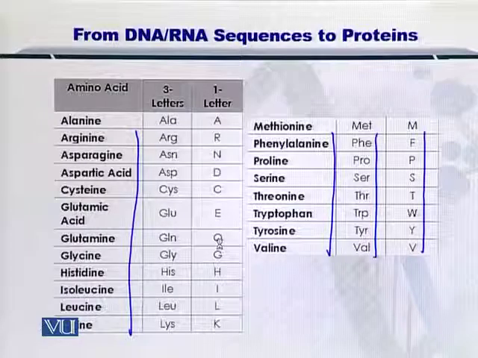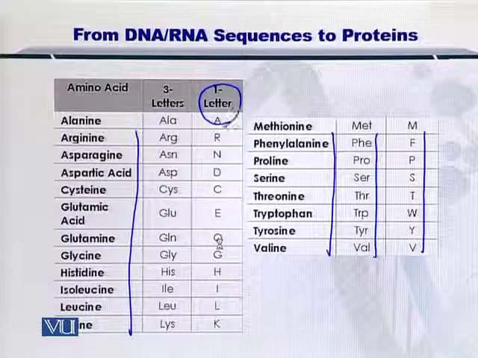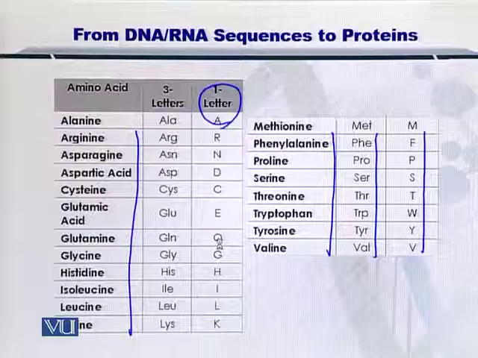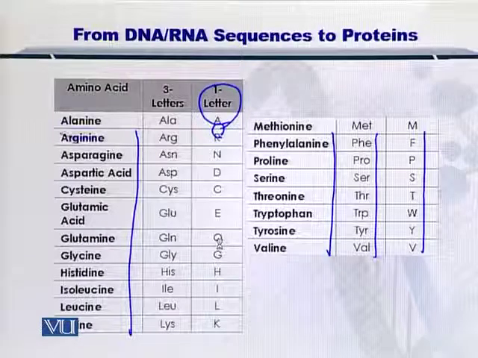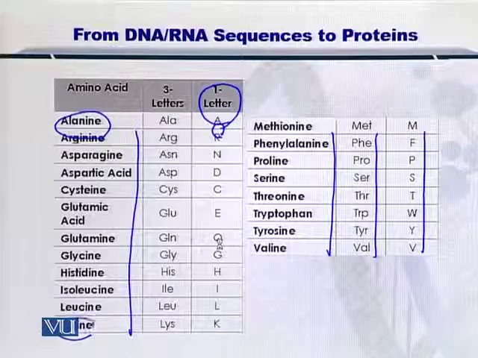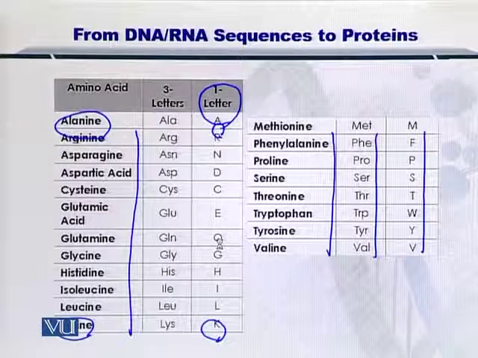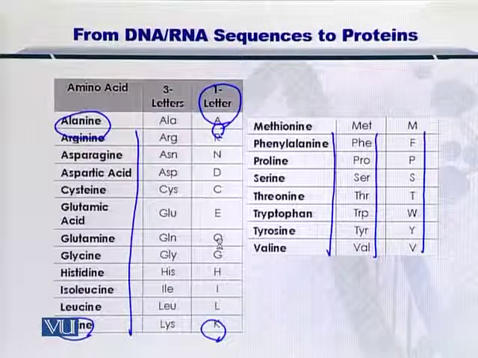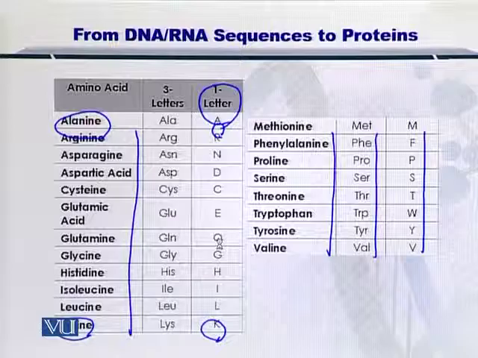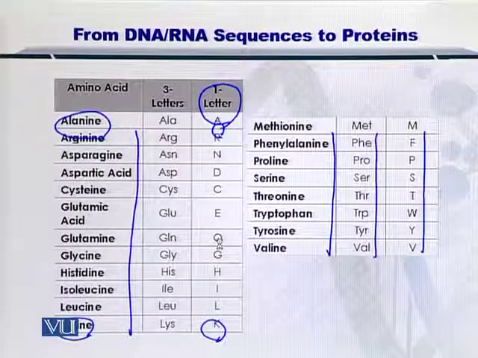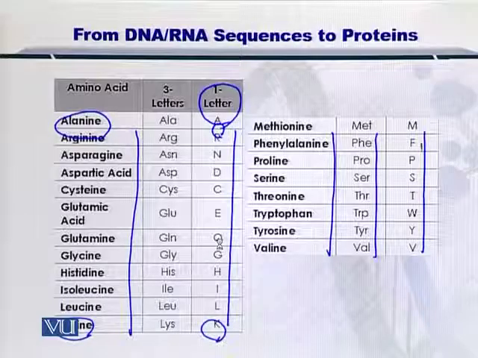Typically each amino acid is referred to by its 1-letter symbol, which in this case is A for alanine and K for lysine, and so on and so forth. So, as you have A, C, T, and G, or A, C, U, and G in the DNA and RNA respectively, you can represent the amino acids by 20 different alphabets as shown here.